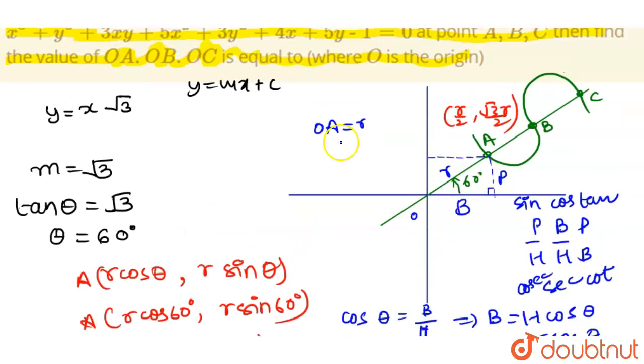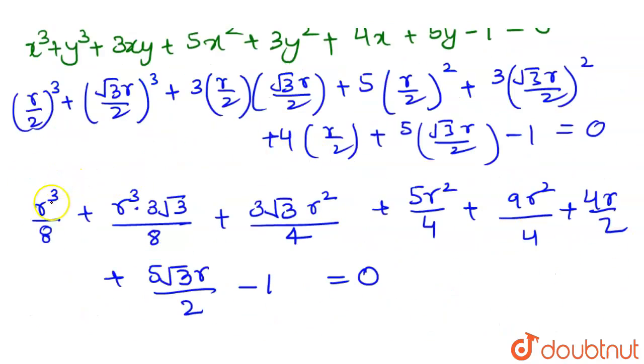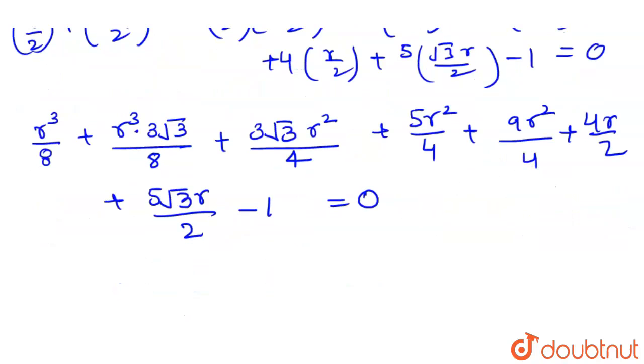Right? And we know that this line is cutting this curve at 3 points. And also we have the equation of the curve. It is a cubic equation, right? So it will have 3 roots, and those 3 roots will be the points where the line is cutting the curve, right?